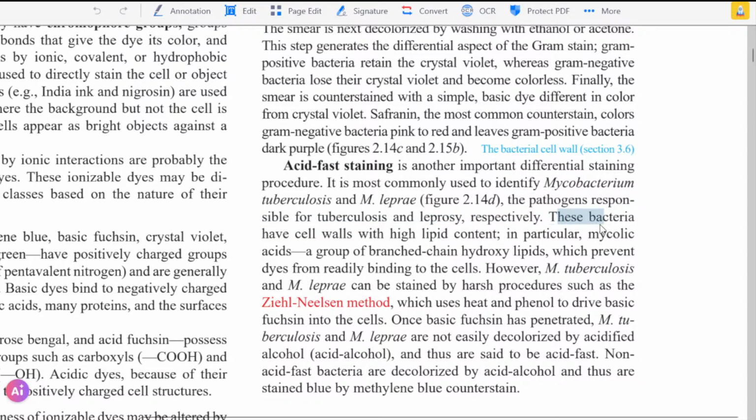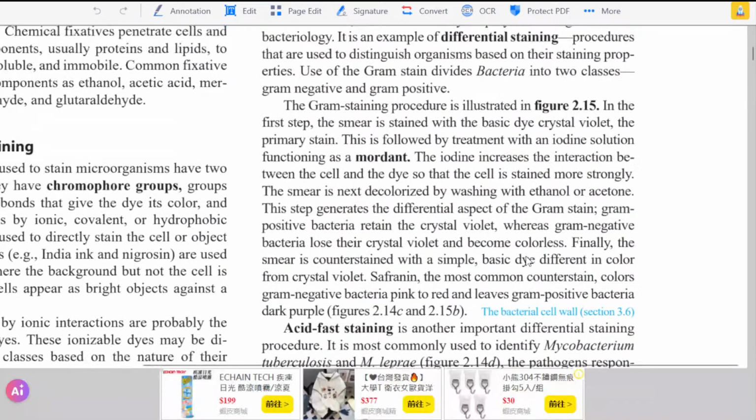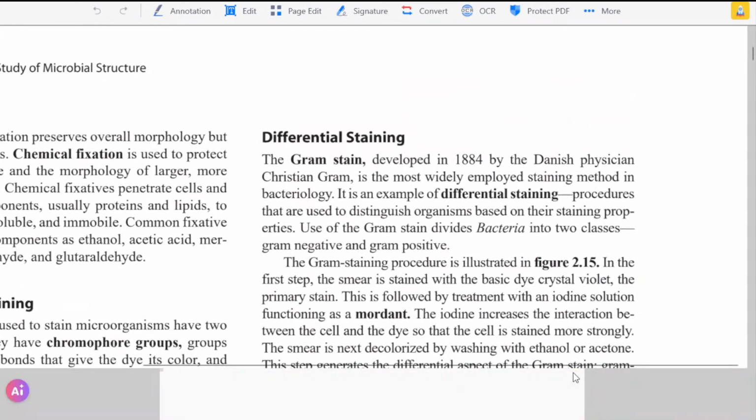These bacteria have cell walls with high lipid content, in particular mycolic acid, a group of branched-chain hydroxylipids, which prevents dyes from readily binding to these cells. So I think it's the hydroxyl part of the lipids that might be interfering with attachment of the stains.